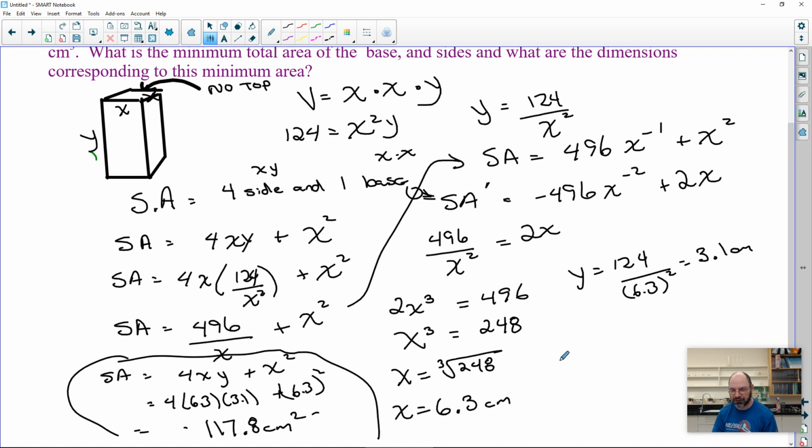And our dimensions we wrote out before, 6.3 by 6.3 by 3.1. So there are our 3 examples of doing those types of problems.